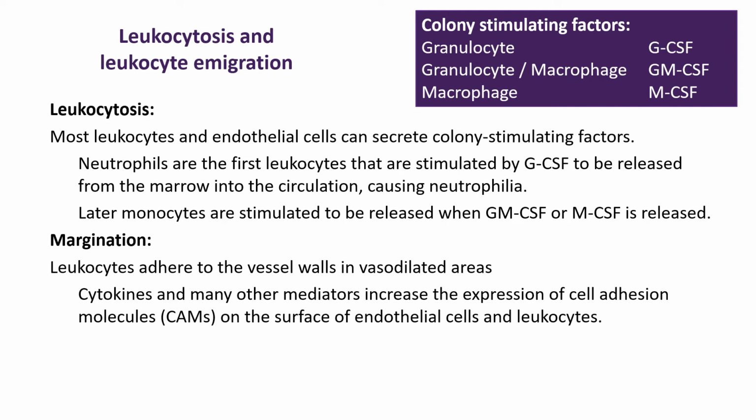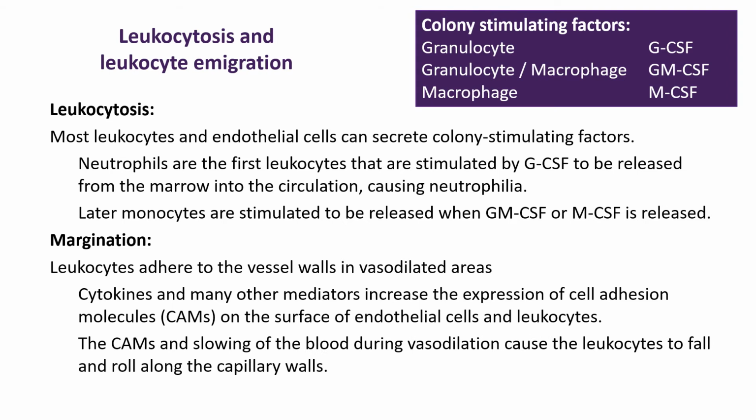So we've got these leukocytes in these vasodilated areas going round and round and round because the blood's slowed up just there. They move to the walls and the cell adhesion molecules on them start to grip cell adhesion molecules on the endothelial cells. What's happening is the cell adhesion molecules and the slowing of the blood during vasodilation cause the leukocytes to fall and start to roll along the capillary walls.